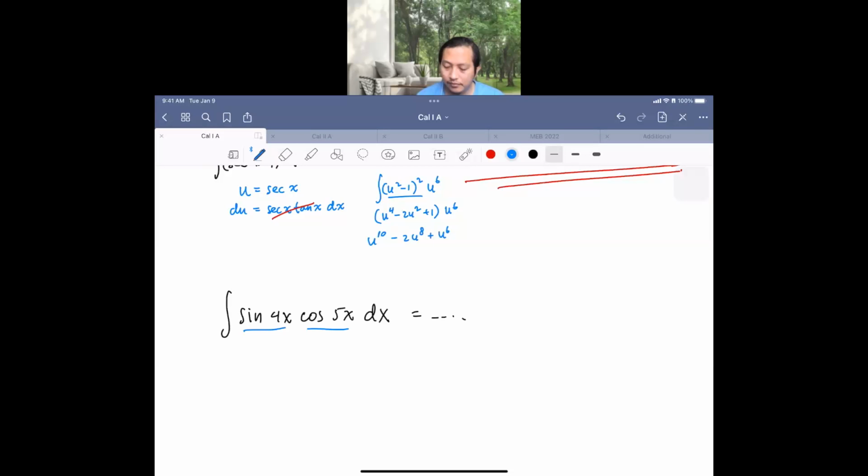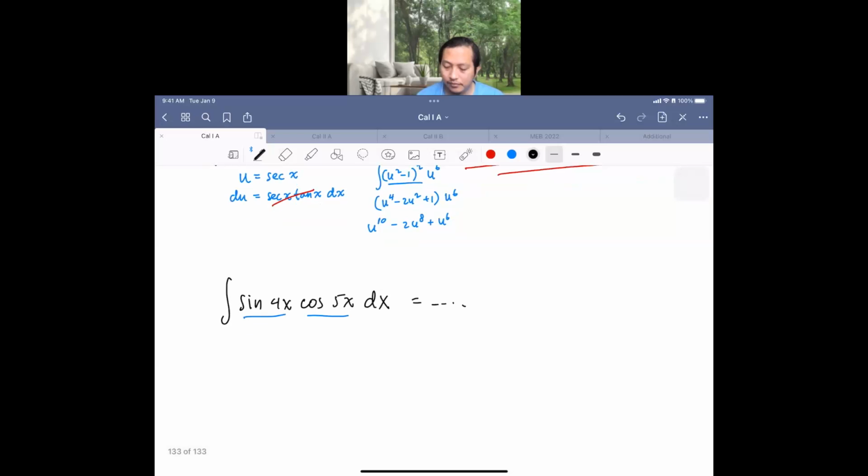So we can just use integration by parts if you would like. But if we remember some identities, sine A cos B becomes one half of sine A minus B plus sine A plus B.